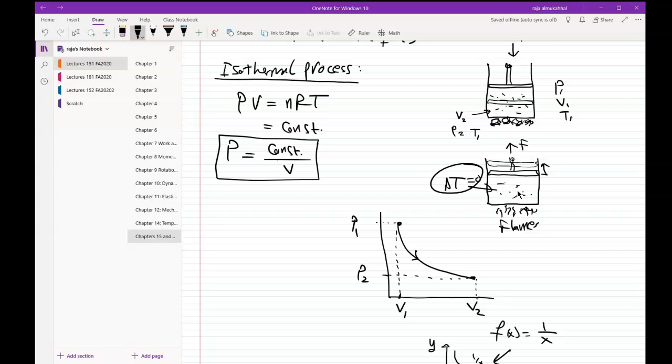I can calculate the new pressure by taking this formula right here: P1 V1 equals P2 V2. This formula specifically helps me calculate the new pressure or the new volume for the isothermal process, with the temperature the same, okay?